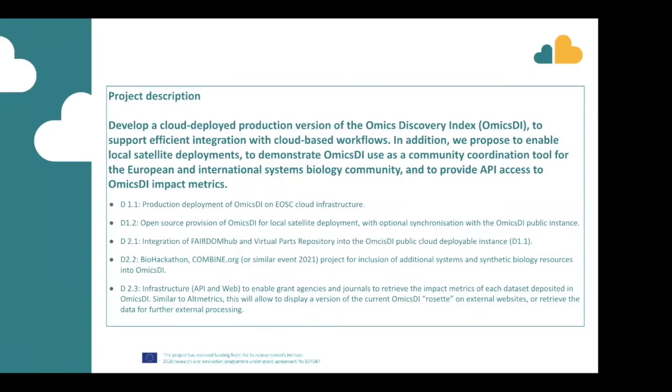And the aim of the project was to provide deployment of OmicsDI on EOS Cloud infrastructure to provide an open source code base for OmicsDI local satellite deployment so that we could clone the main instance with optional synchronization from the OmicsDI public instance.